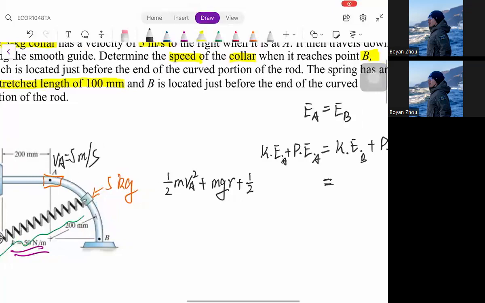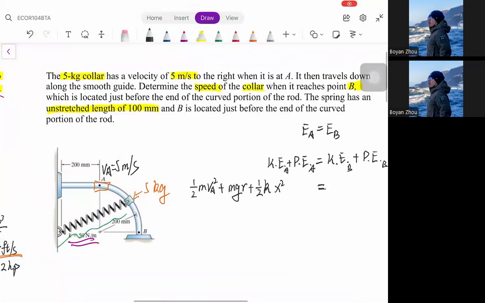So that is half k x squared, and this x will be the length of the spring.